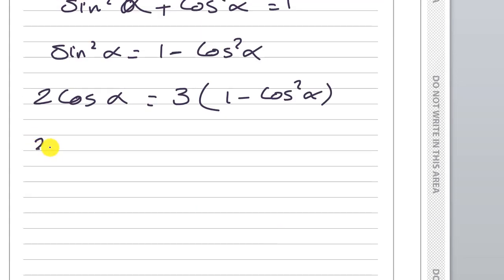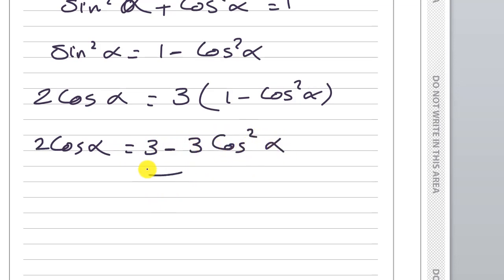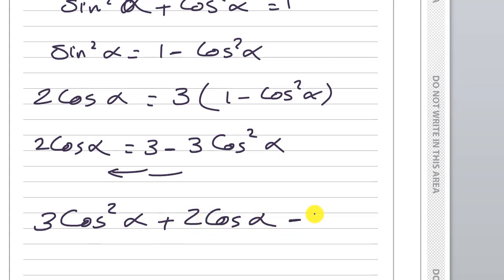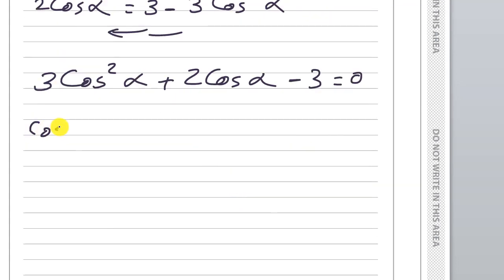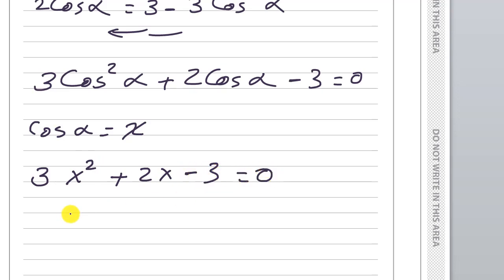So 2 cosine alpha is equal to 3 minus 3 cosine squared alpha. Let us bring all of them to this side. So 3 cosine squared alpha plus 2 cosine alpha minus 3 equal to 0. Let us say cosine alpha is equal to x. So 3x squared plus 2x minus 3 is equal to 0. So x is equal to, let us find this value.